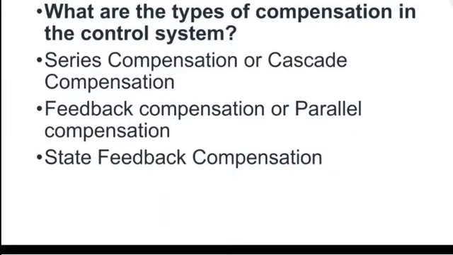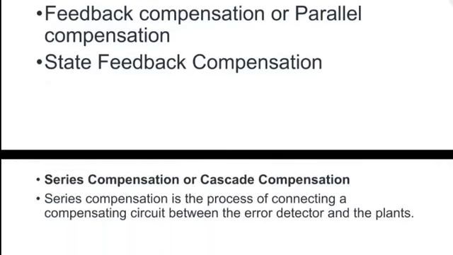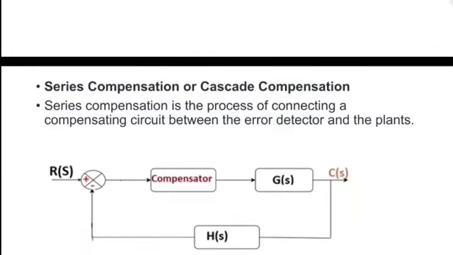Series compensation is a system where the error detector and the plant are connected together. Below you can see the block diagram of the compensator. R is the input, Z(s) is the output, G(s) is the gain of the system, and H(s) is the feedback of that system.